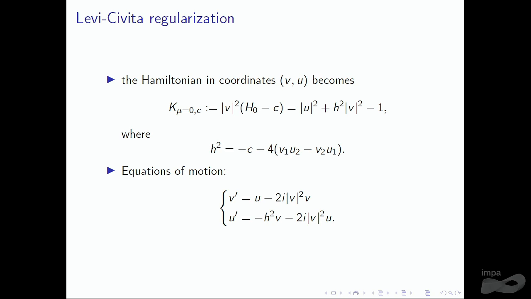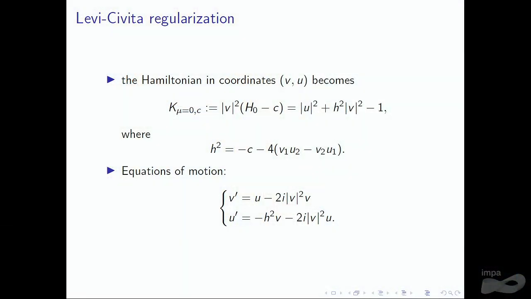Okay, so this can be done also in the three-body problem, but I'm considering the Levi-Civita regularization only in this case mu equal to 0, but it works perfectly in the three-body problem. And we multiply the Hamiltonian because this will eliminate the singularities of the previous Hamiltonian here.